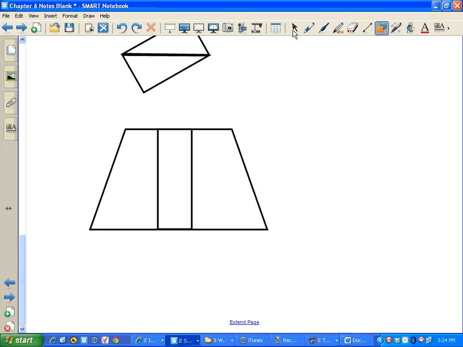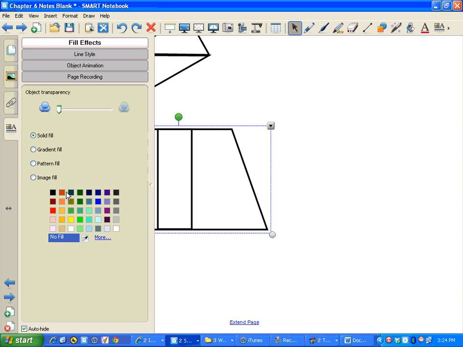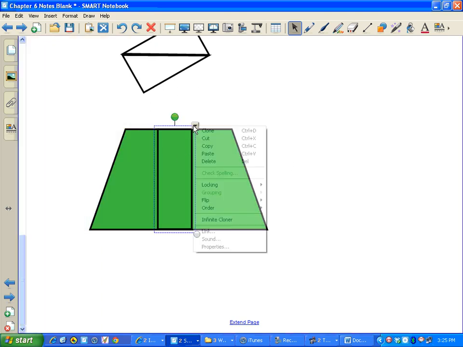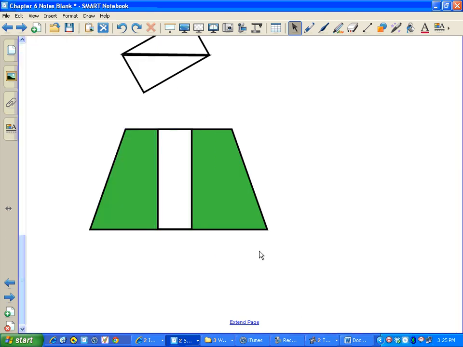Well, if they shade in this trapezoid, okay, so they give you something like this, and they want to know the area of the shaded part. All right, what you're going to do is you're going to take the area of the big shape and subtract the area of the unshaded parts.